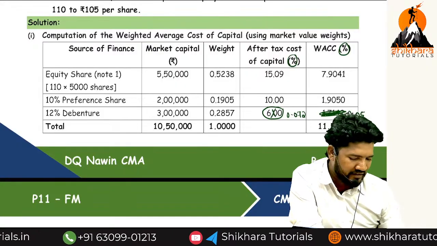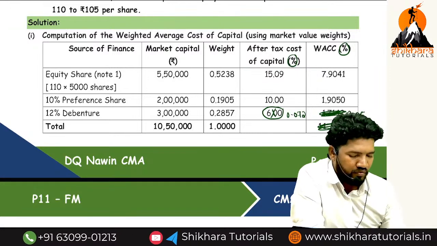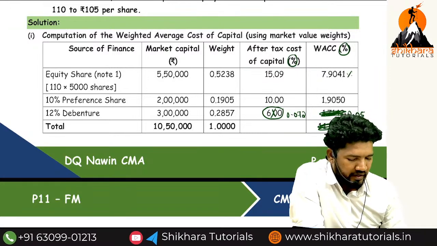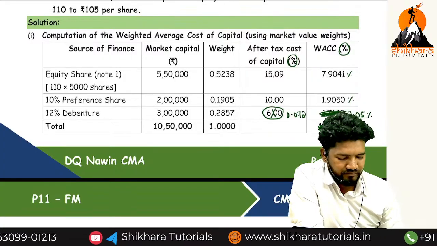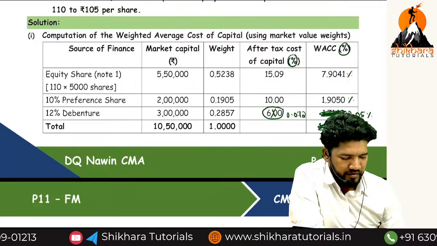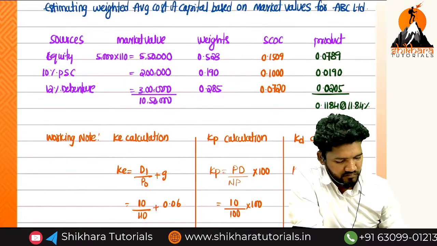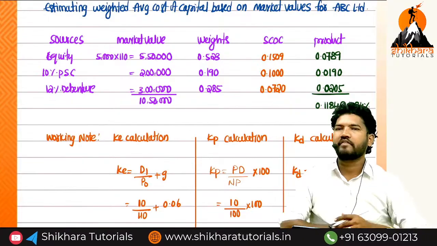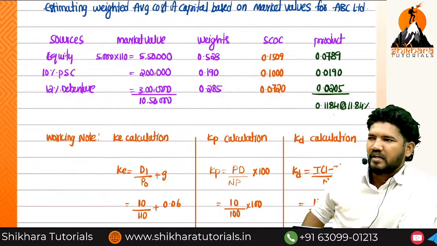Now add all this: 7.9041%, 1.90950%, 2.05%, total 11.85%. See, 11.84 and 11.85. Clear, sir? Rectify it in the material also.